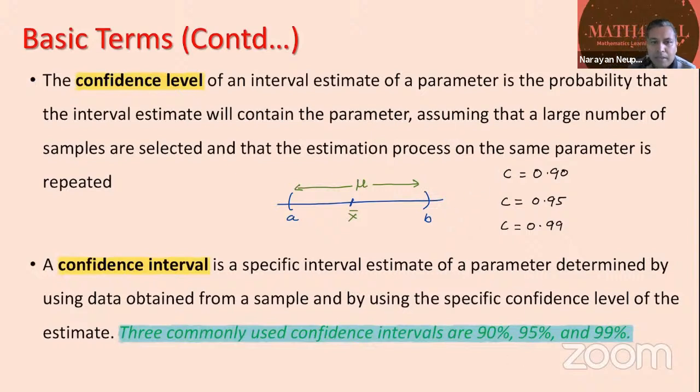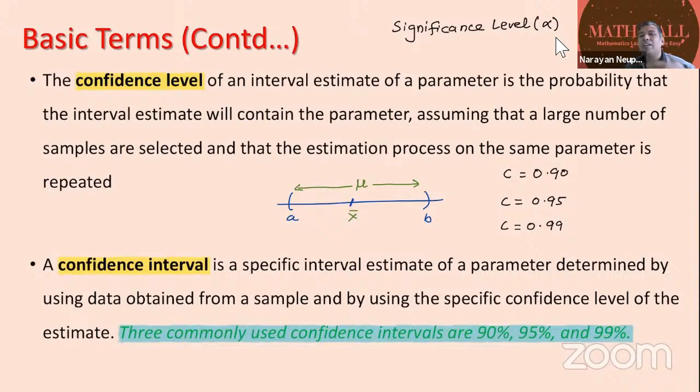Then there is another term here that is called the significance level. Significance level is denoted by alpha. If C is the probability that the mean lies in this interval, then the significance level alpha is the complement of that.